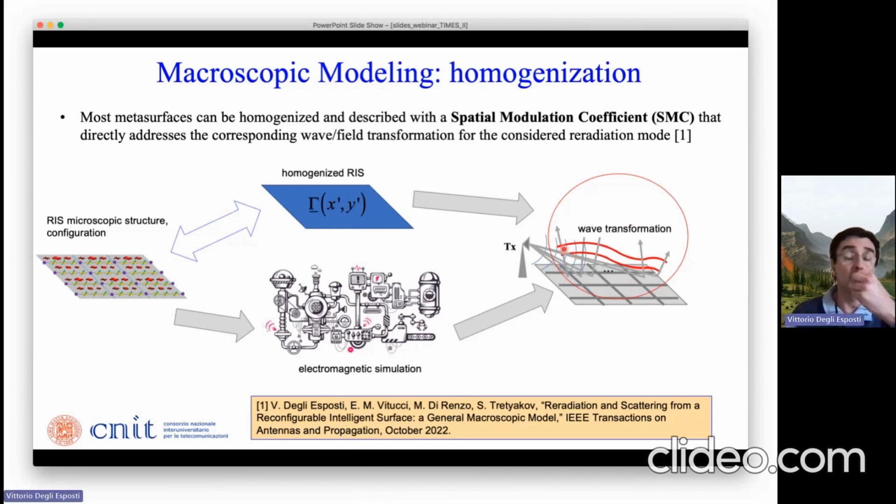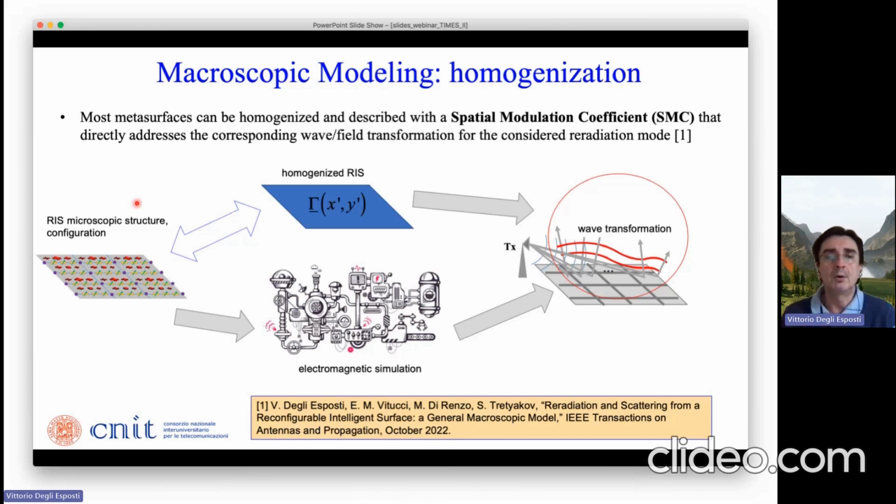Of course, one could criticize this approach because what is the relationship between the homogenized RIS and the real RIS? Because real RIS are, for example, arrays with discrete elements, etc. So we need to somehow find a bridge between the discrete RIS and the homogenized RIS. For example, doing some kind of smoothing of the phase weights of the discrete one to get the homogenized RIS.